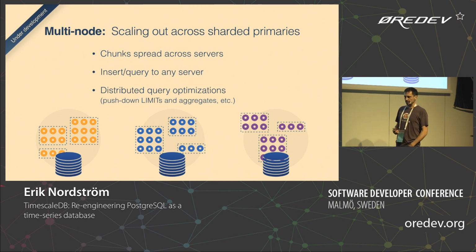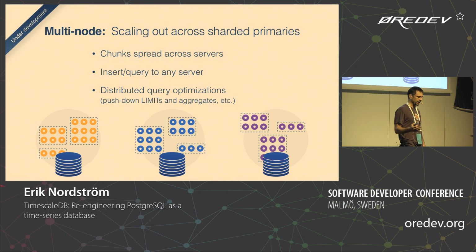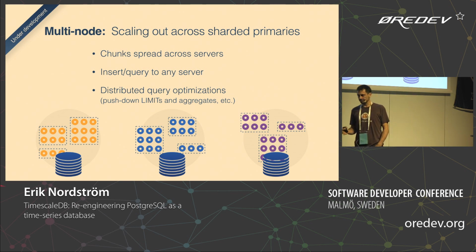For the multi-node case, and this is something that we're developing currently, a scale-out version of TimescaleDB. So this chunking and spreading chunks across disks lends itself very well to also a cluster scenario, where instead of placing on different disks, those disks might actually be on different physical servers. So you can spread chunks across different servers to scale out horizontally.